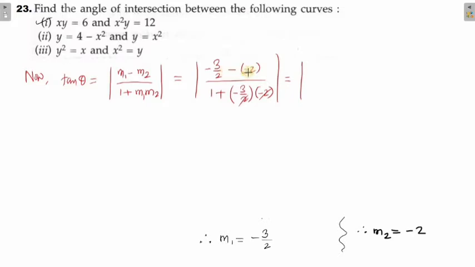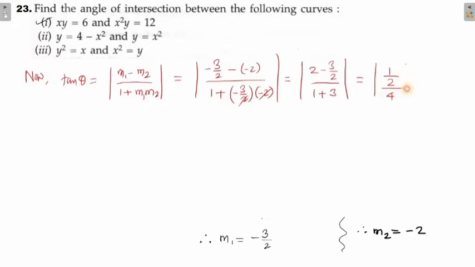Minus into minus is plus, so 2 minus 3 by 2, divided by, minus into minus is plus, so 1 plus 3 into 1 is 3. So 2 2s are 4, 4 minus 3 is 1. So in the numerator we have 1 by 2, in the denominator we have 4.